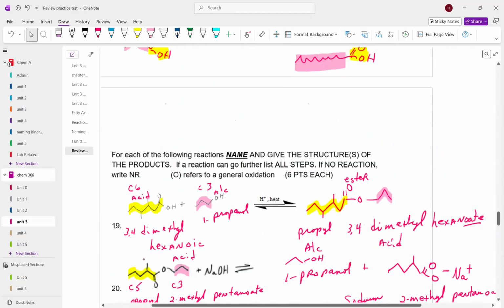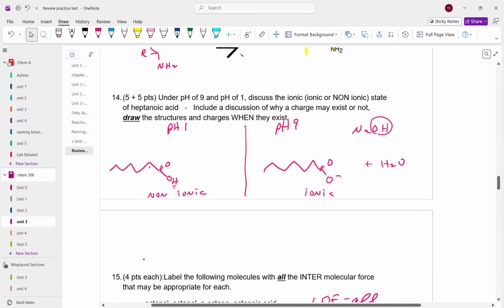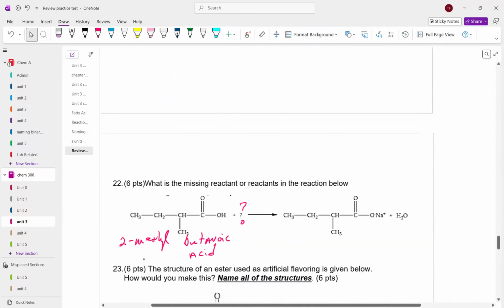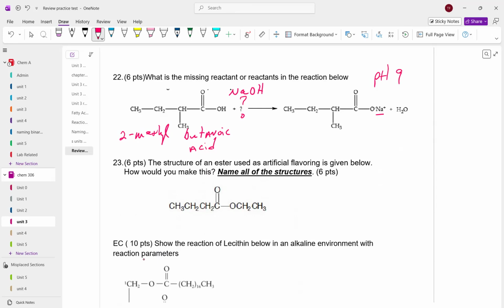Remember up here? Sodium hydroxide, right. A strong base is going to pull that off. And it's going to be sodium hydroxide. So this would be like a pH 9. Yeah, pH 9, alkaline.